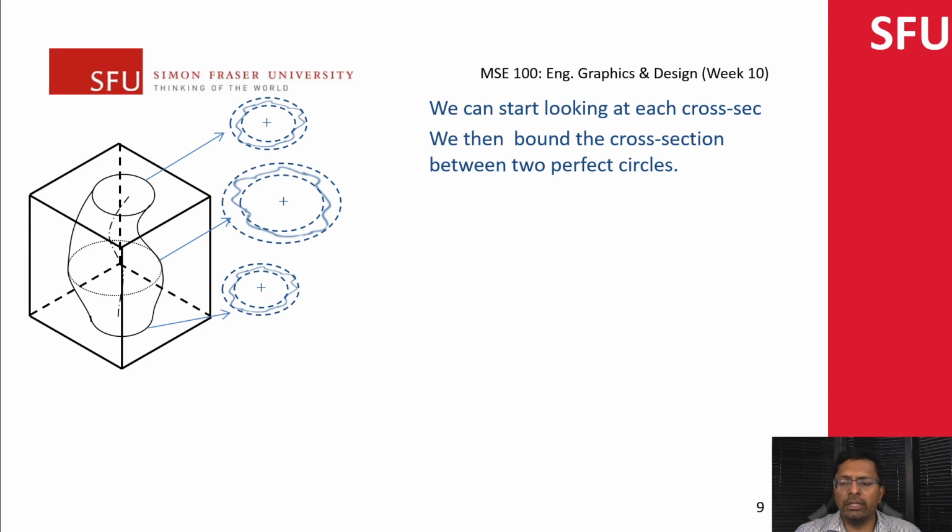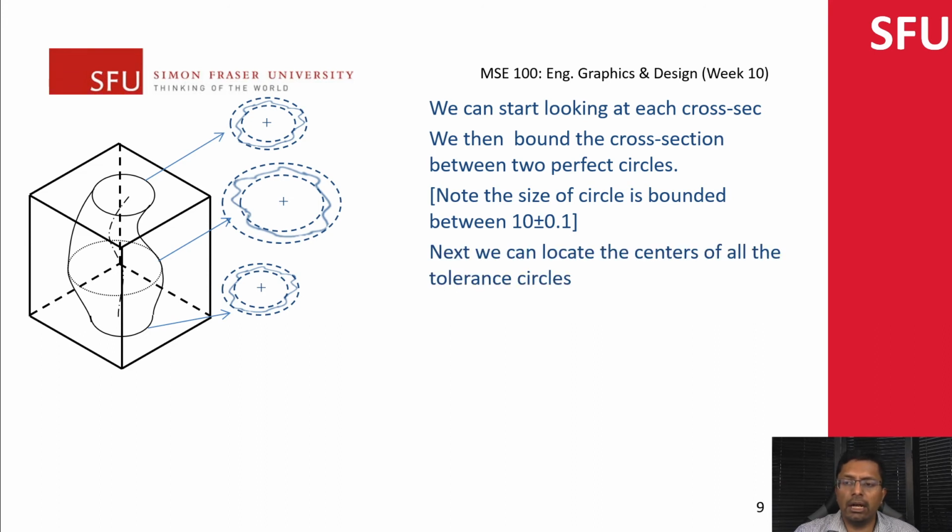I have space below the paper, you can note down, but I wanted the figure side by side, so I'm doing notes here. Again, all of these circles need to be bounded between 10 plus minus 0.1. That's denoted by the dimensional tolerance. Once we collect all of these, we assume that we can put all of these centers on the axis inside some cylinder.